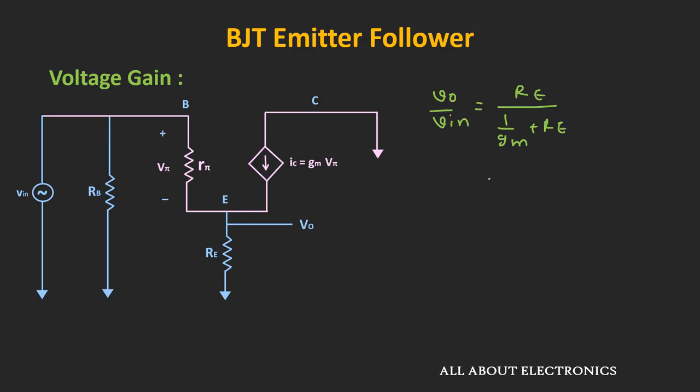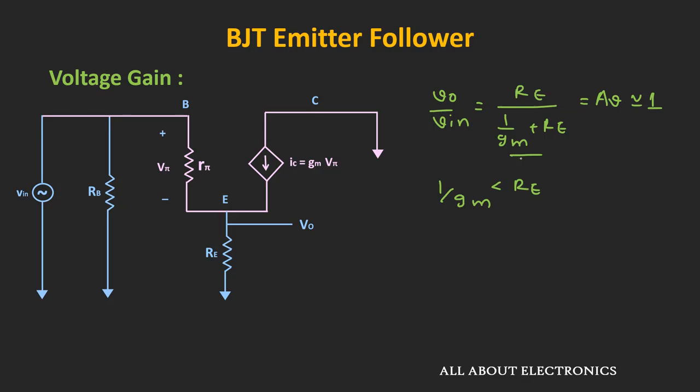So this is the expression of the voltage gain. Now usually this 1 divided by GM is much less than RE. That means from this we can say that this voltage gain is approximately equal to unity. Apart from that, if you observe over here, there is no negative sign in this expression. That means here the input and the output signals are in phase.